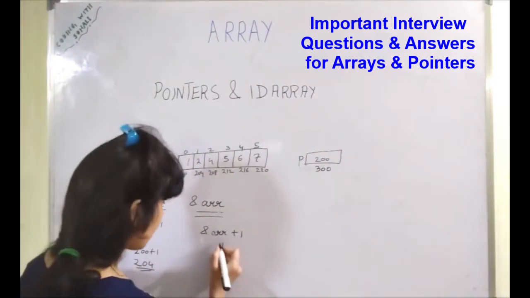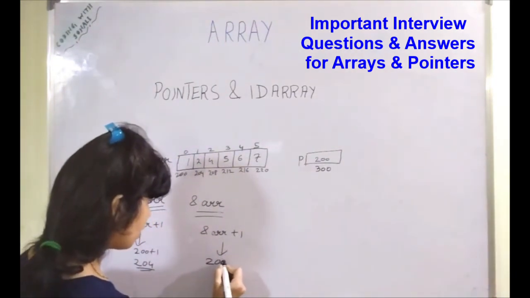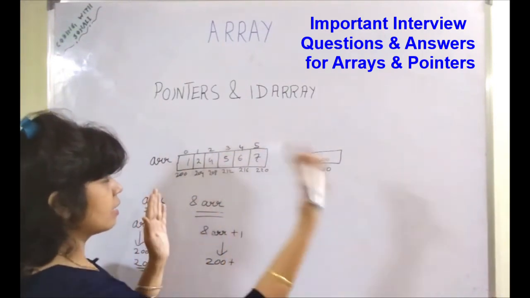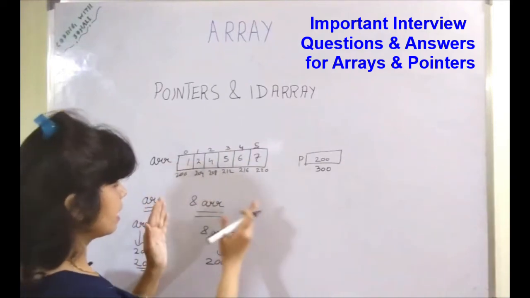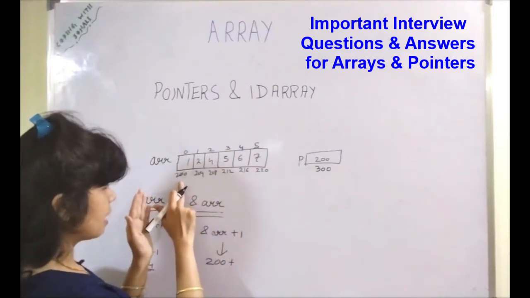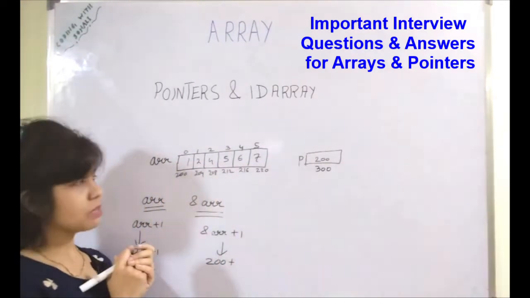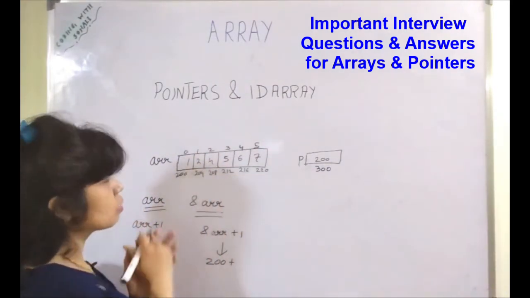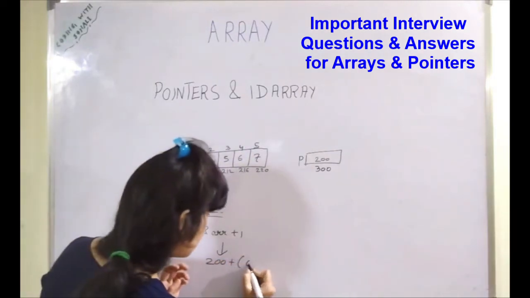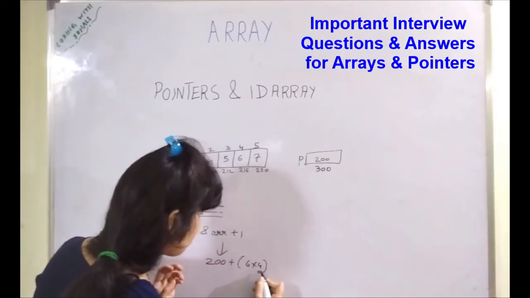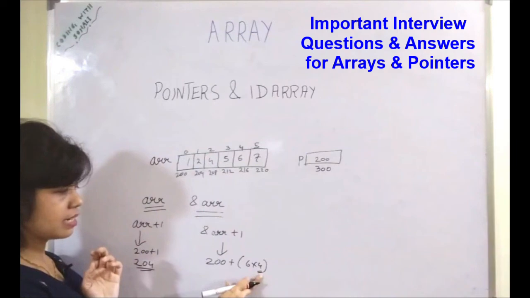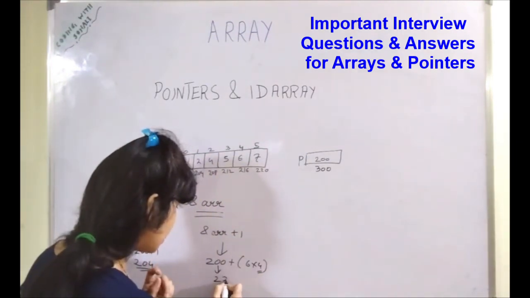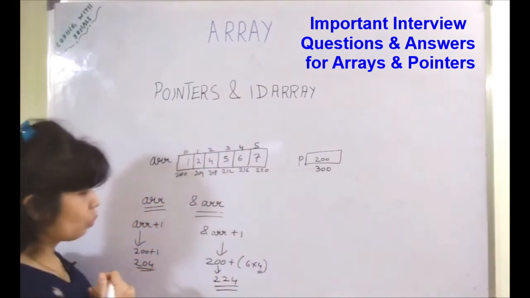You get 200 first, but since you are adding 1 to the whole array, it adds the total size of the elements in the array, 6 into 4, because 4 is the number of bytes since it's an integer. So this will be 24, and the final answer you will get is 224.